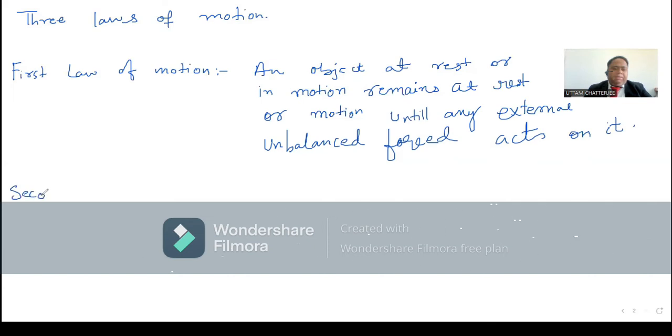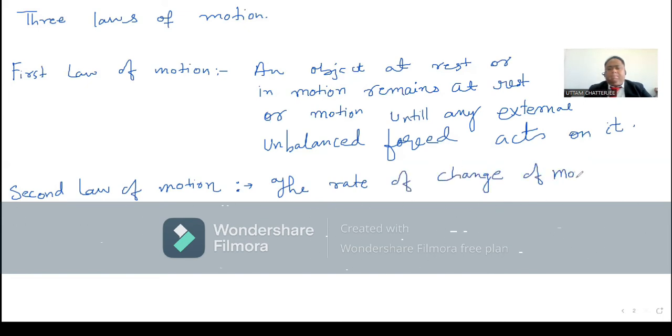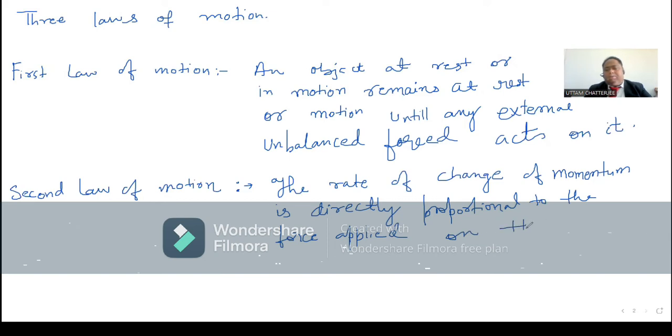The second law of motion says the rate of change of momentum is directly proportional to the force applied on the body.